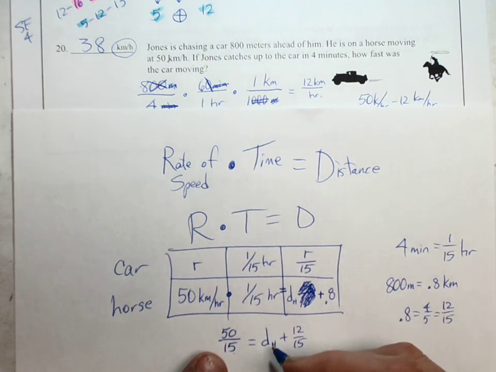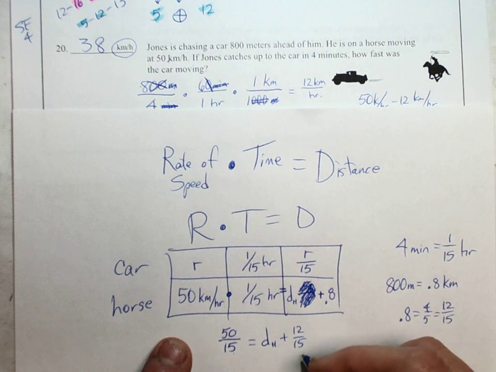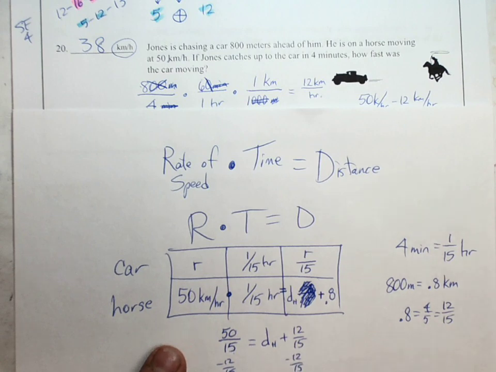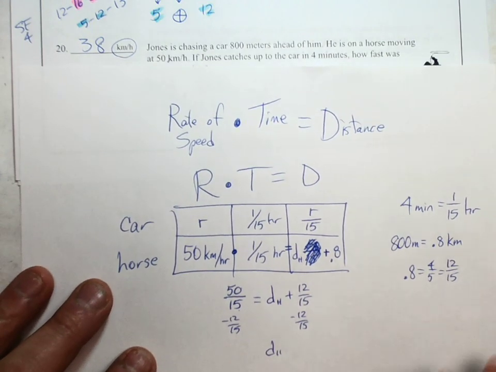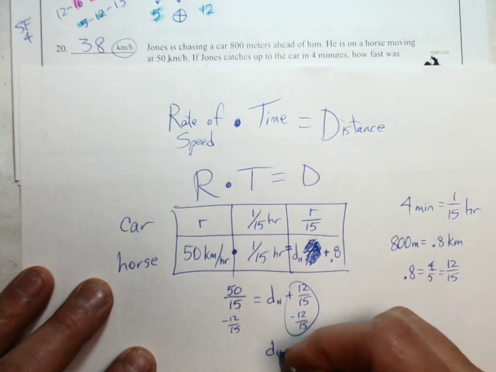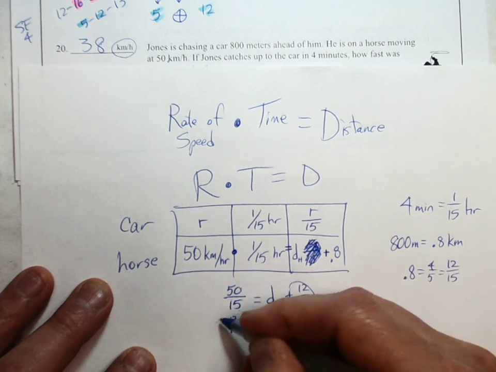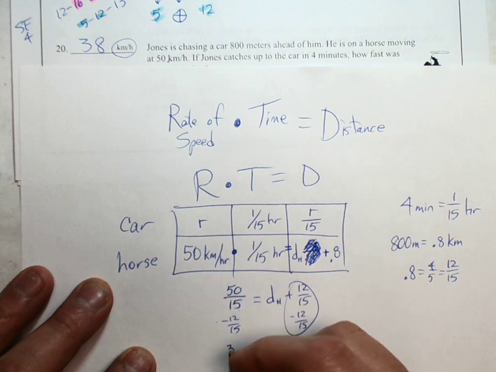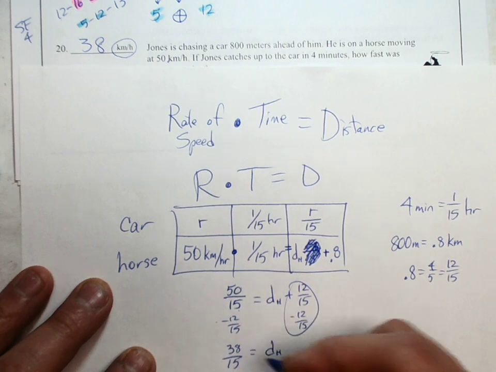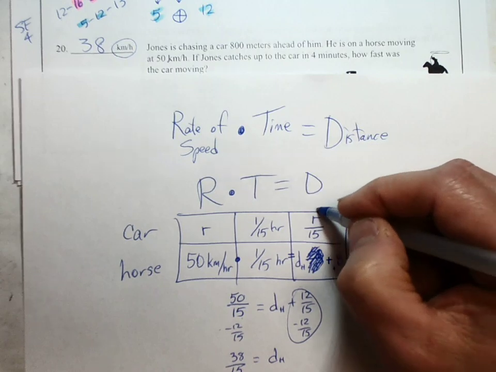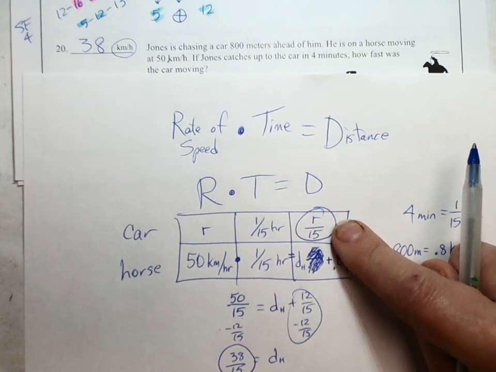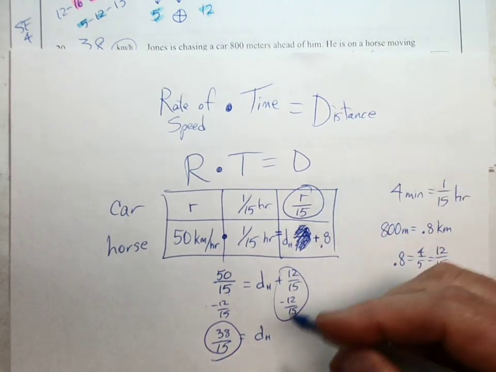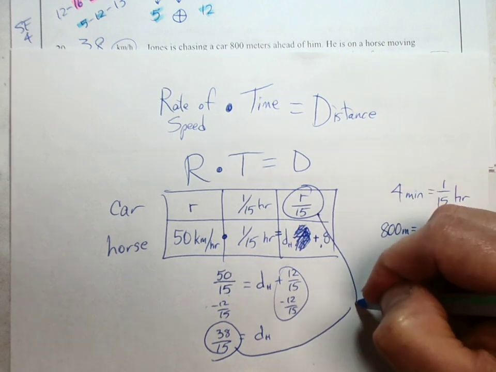So if I solve for the distance of the horse, I'm going to subtract 12/15 from both sides. And all that Saxon math should be coming back to you now, right? So the distance of the horse is 50 minus 12, which is 38 over 15. So take these two things right here. The distances have to be equal.